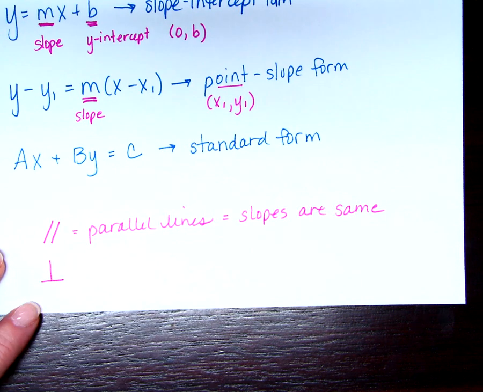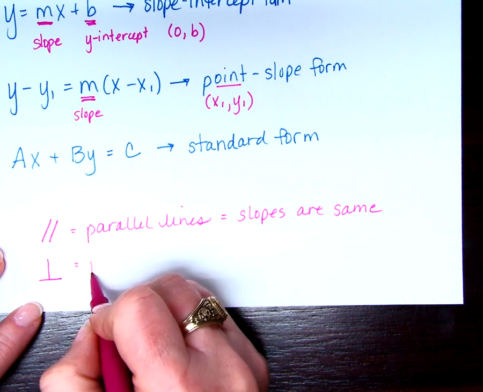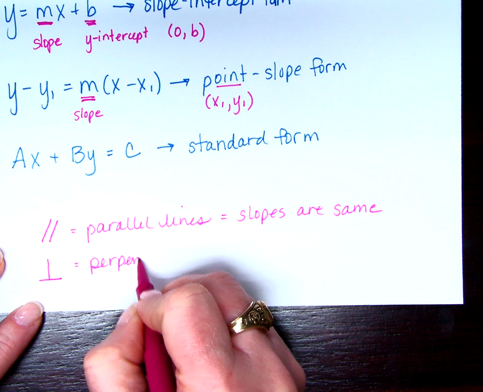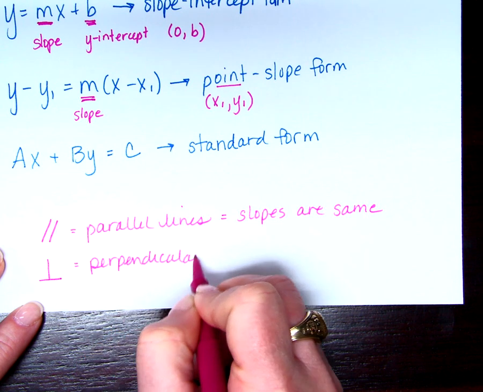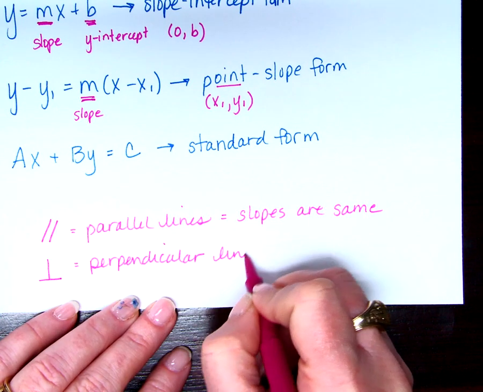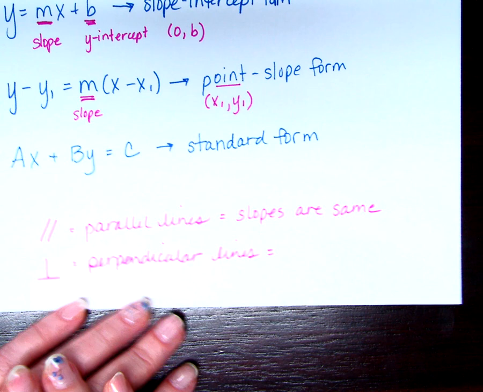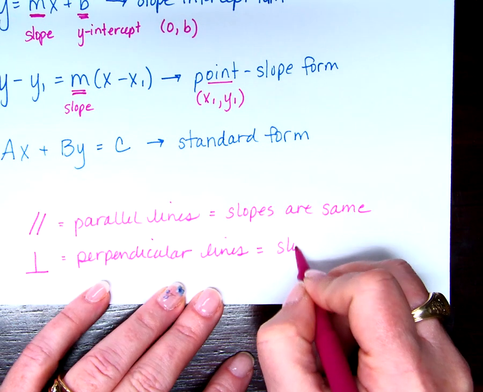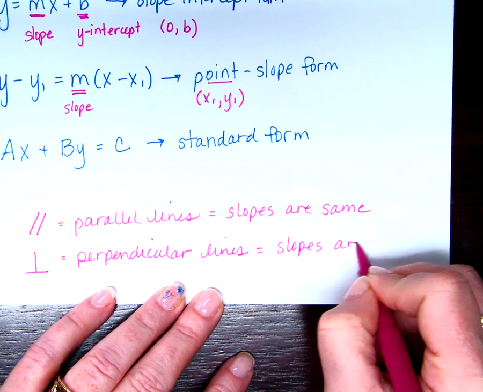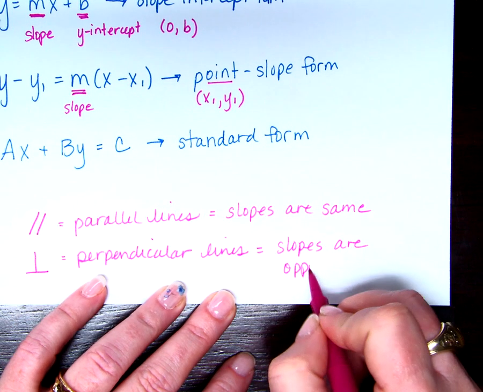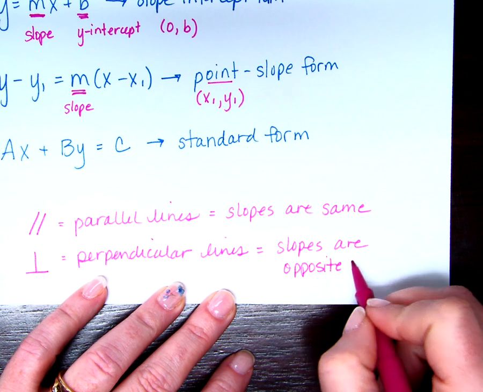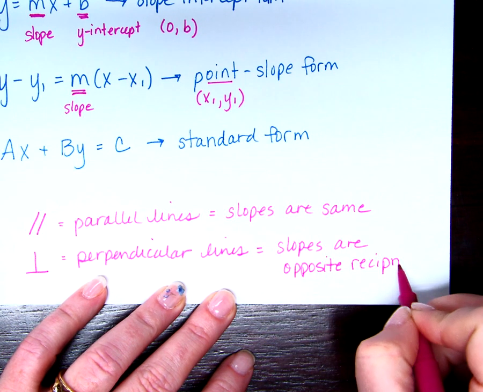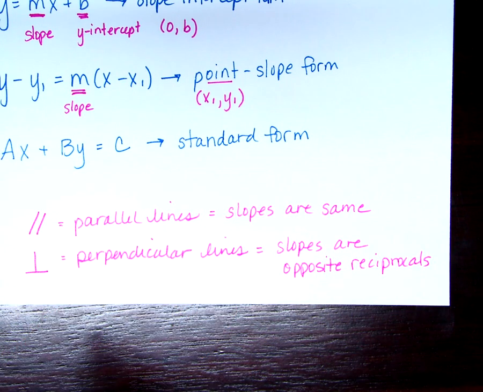What's that the symbol for? Perpendicular lines. And what do you know about those slopes? Opposite reciprocals.